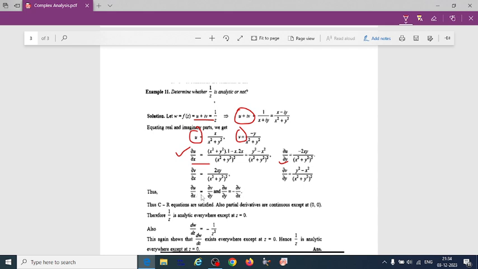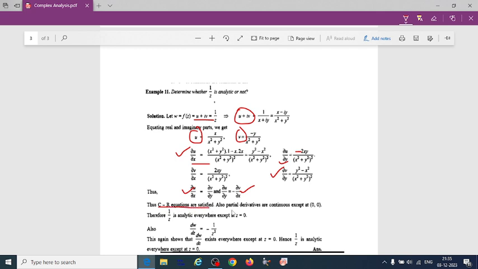Cauchy-Riemann conditions. Here you can clearly see dou u by dou x is equal to dou v by dou y. Okay, this condition is satisfied. And next, dou u by dou y is equal to negative of dou v by dou x. So this is also satisfied. So the Cauchy-Riemann equations are satisfied.